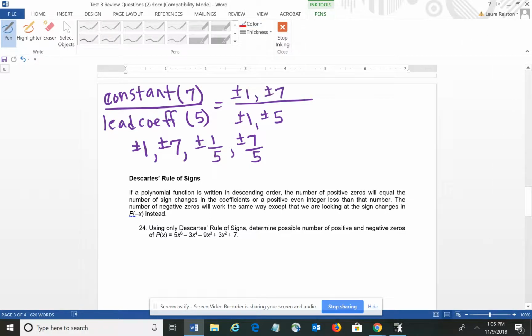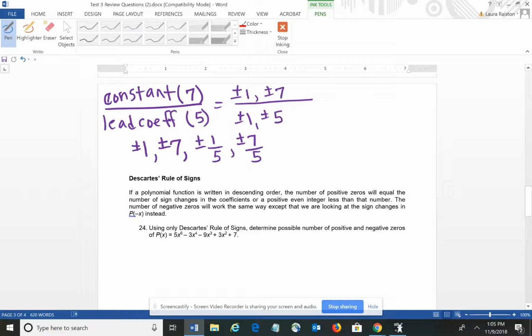Now, they kind of give you the definition of Descartes' rule of signs. It says the number of positive zeros will equal the number of sign changes in the coefficients, or a positive integer less than that number. So basically, what they're saying there, if we think about the positive ones first, is if we look at the polynomial that we're given and we count how many times the sign changes.